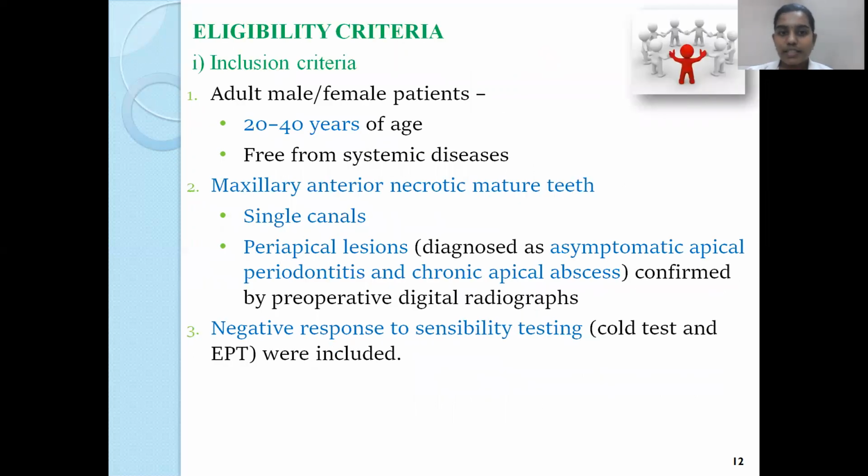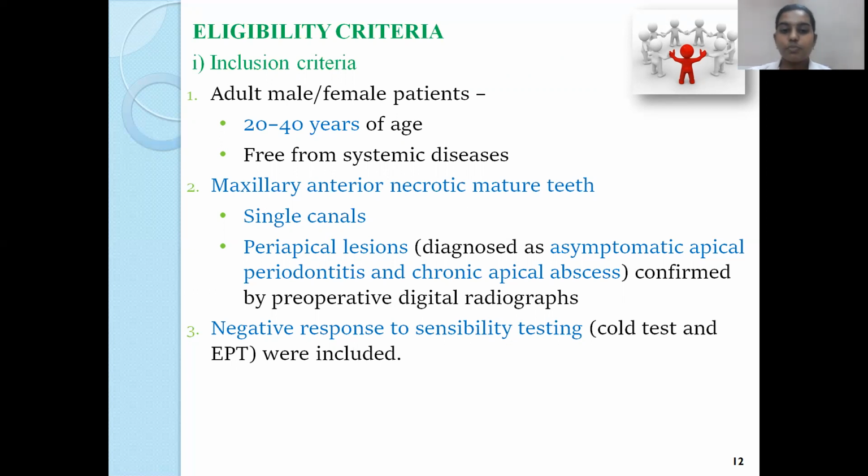The inclusion criteria of the study were adult male and female patients of 20 to 40 years of age without any systemic diseases. Second, maxillary anterior necrotic mature teeth with single canals and having periapical lesions diagnosed as asymptomatic apical periodontitis and chronic apical abscess, confirmed by preoperative digital radiographs.